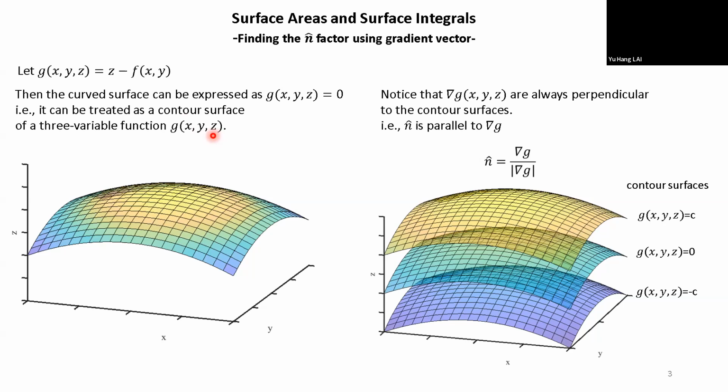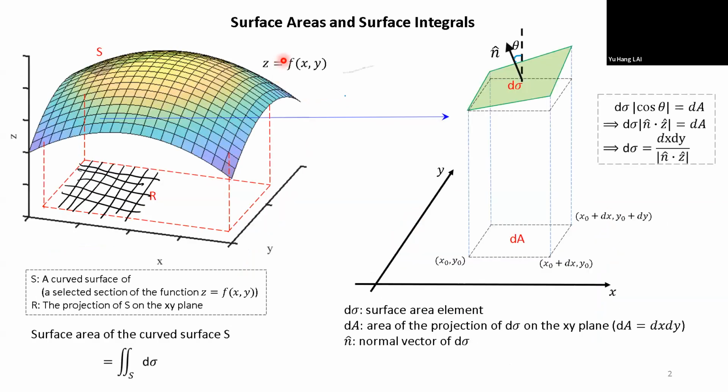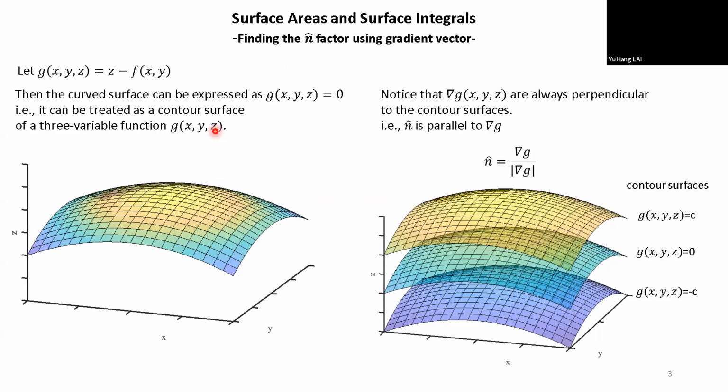Now for a three variable function, if I set it to some constant, I get a contour surface, not contour lines anymore. So my z equals f(x,y) can be treated as a contour surface of the g function.